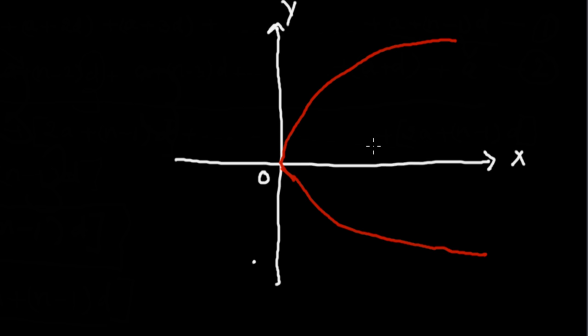So in parabola, this is the focus of parabola denoted by S, and there is another point P which is a variable point. This one is the directrix of parabola.